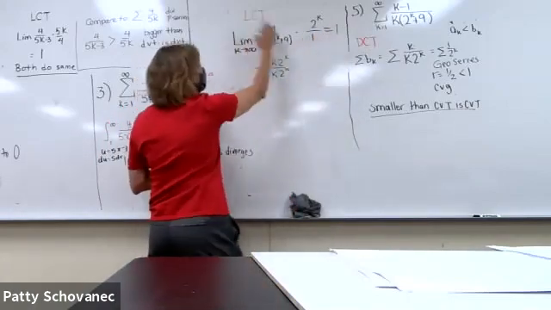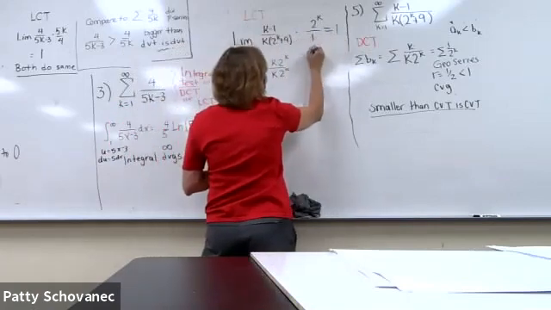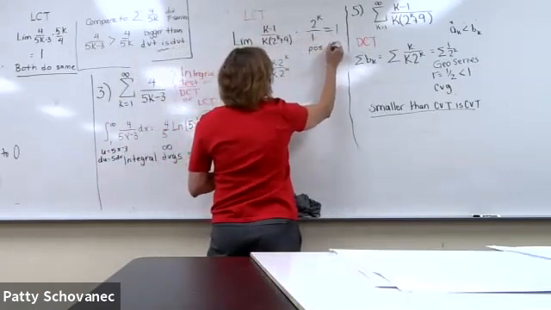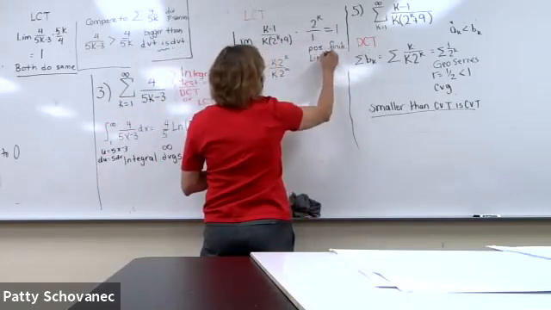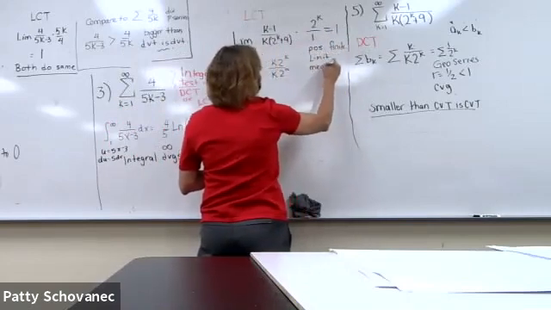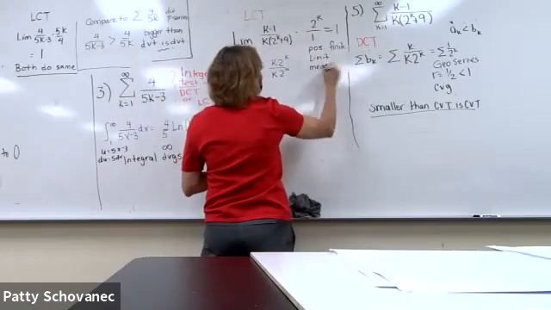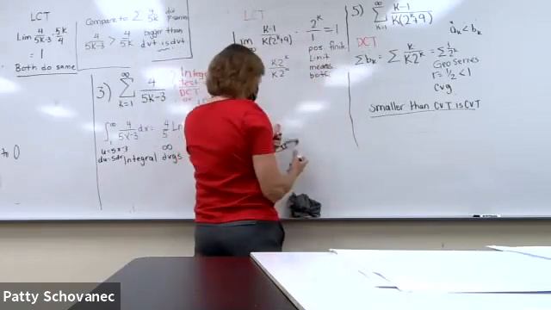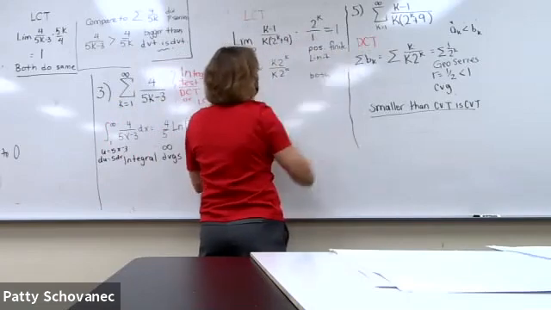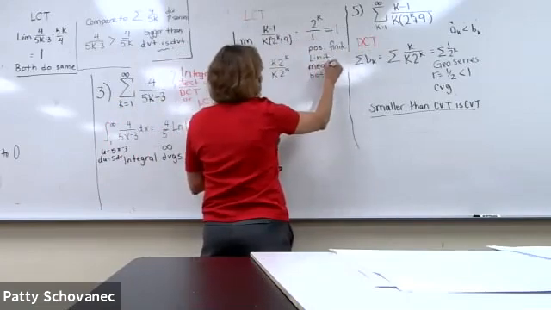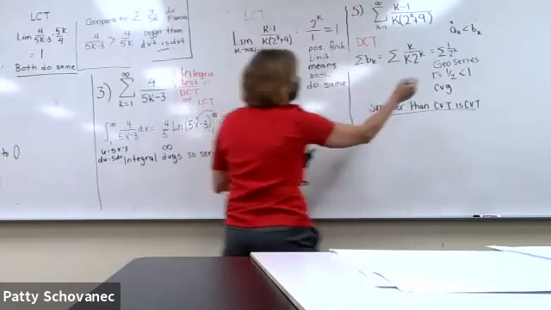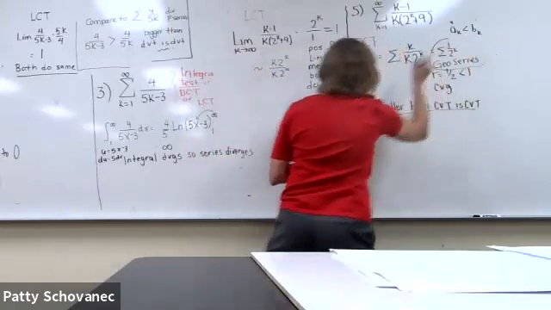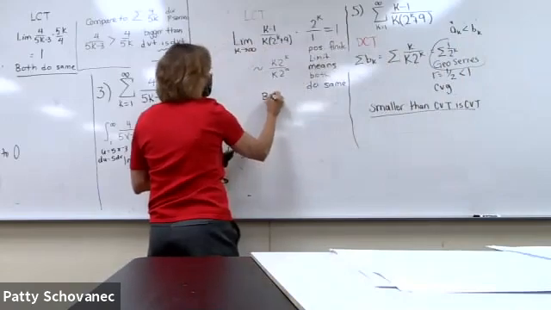So in the limit comparison test, a positive finite limit means both do the same. And over here, we decided our series converges, so both will converge.